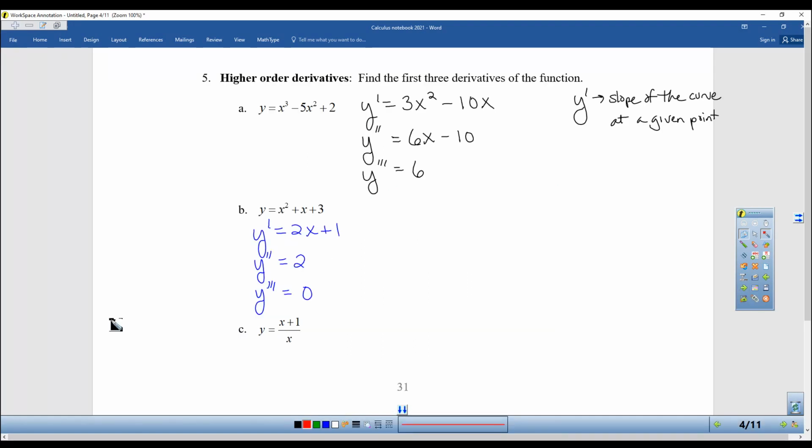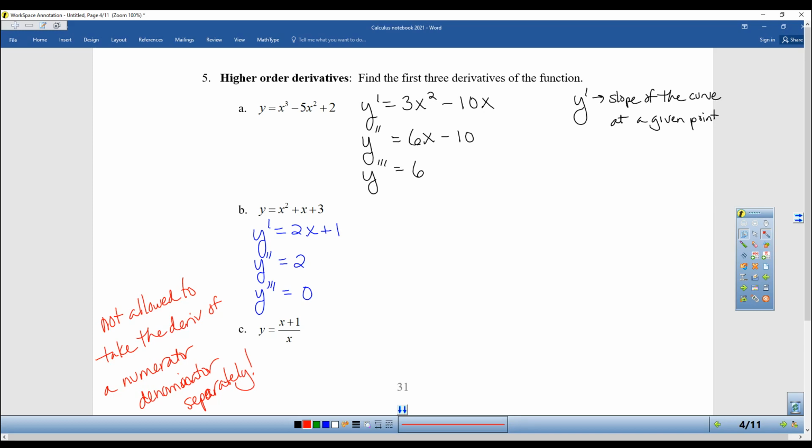And what you're not allowed to do is take the derivative of a numerator and a denominator separately. Uh-oh, I'm really getting words that I can't spell.